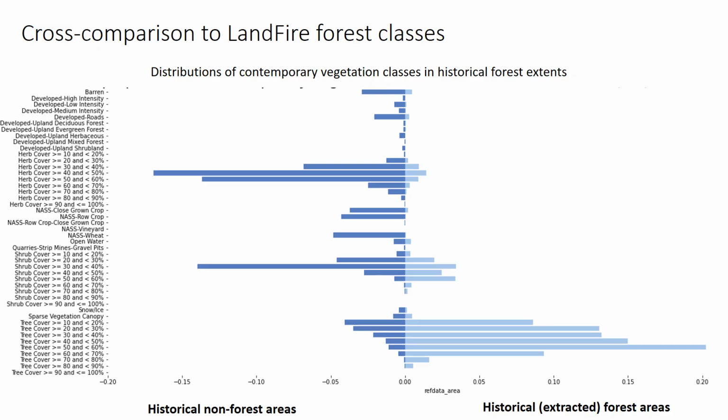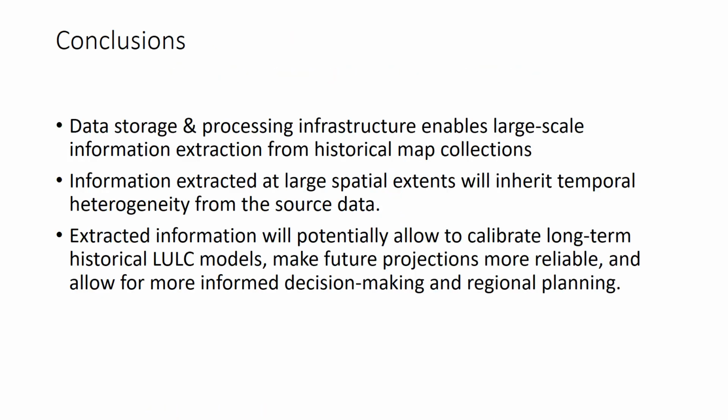We can observe that most of our historical forest corresponds to contemporarily covered tree cover or shrub cover or herb cover. So this seems to be logical, and this is promising for future work.